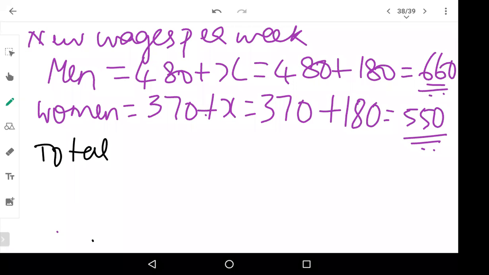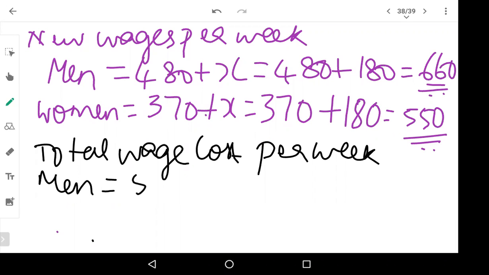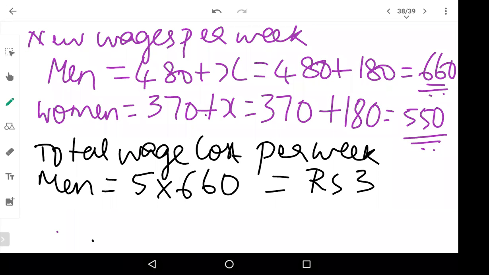Total wage cost per week. For men, he is going to employ 5 of them. And what is each person getting? 660. So what will be the wages per week? 5 into 660. How much do they get? 3,300.